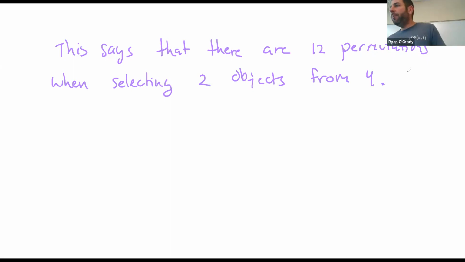So before we talk about combinations, we need to ask, is there a pattern? Is there an easier way for us to get this number than to actually list it out? Because what if I said to you, how many ways can I choose 2 from 52? Do you want to list them all out? At least in this smaller case, we can list it out and feel confident we've exhausted all possibilities. But if I said to you, write out all the different permutations when you select 2 objects from 52, that's going to be massive.